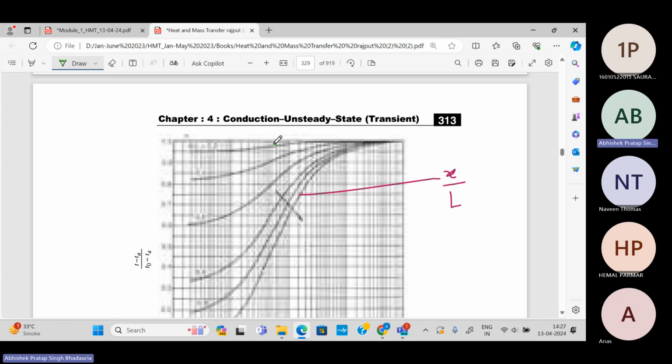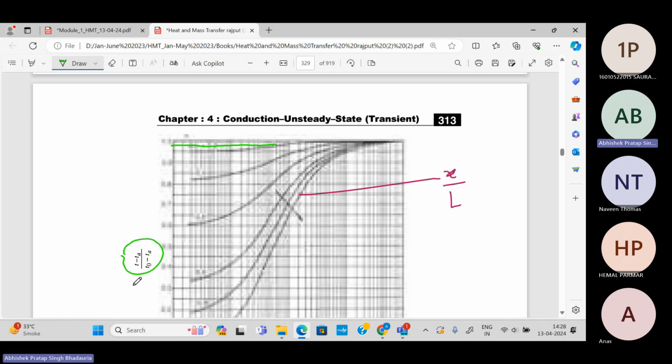Suppose this is a point on a curve. Then we will take the horizontal projection, and we directly get the value of t minus ta divided by t naught minus ta from the correction factor chart itself. After my marking I got 0.97.